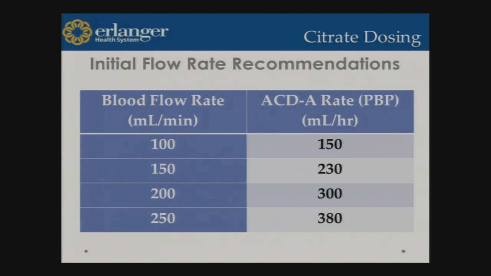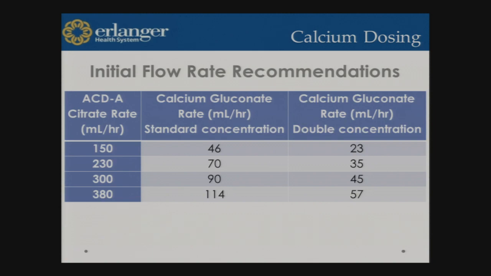I will draw your attention to the fact that it's not exactly 1.5 for some of these values, because the pumps don't go down to 5 mLs. They only go to 10 mLs. But this is available, and I've got a dosing sheet that I can provide to pharmacy as well if you're interested in looking at that.